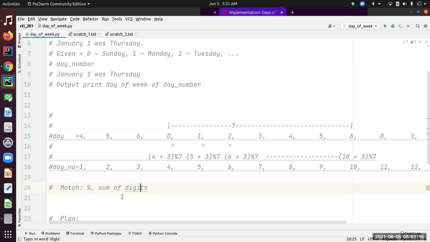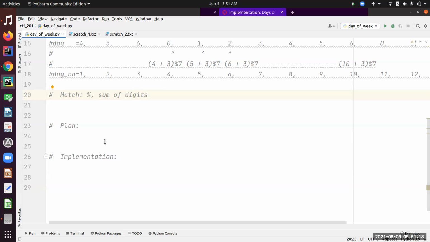All right. So let's now write our algorithm. First we need to get our input: input the day number. I'm going to be expressive now over here. That's my step 1.